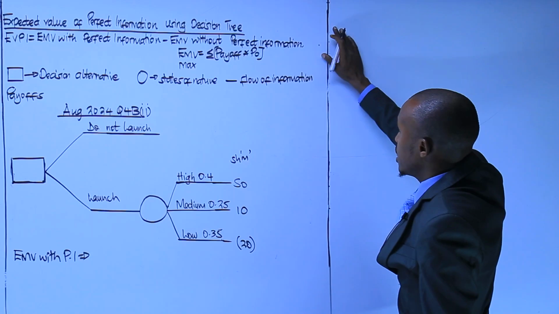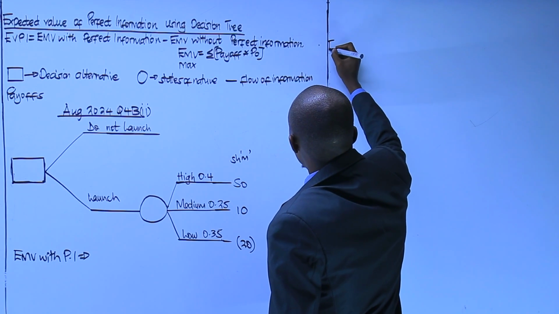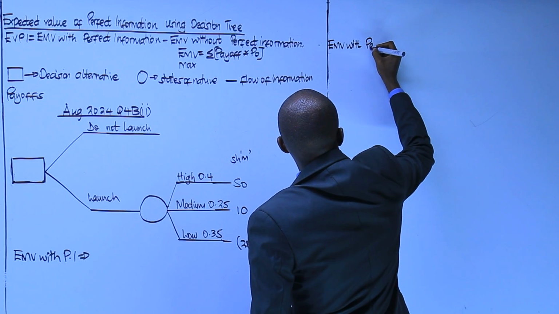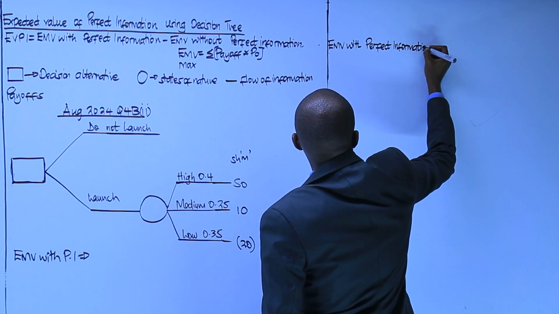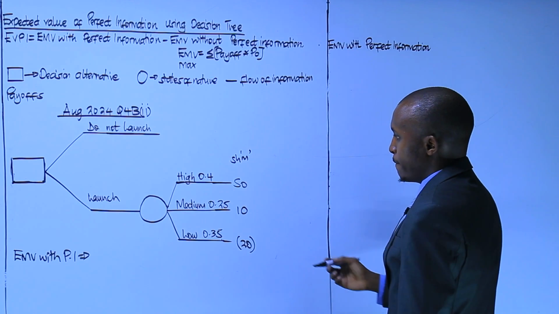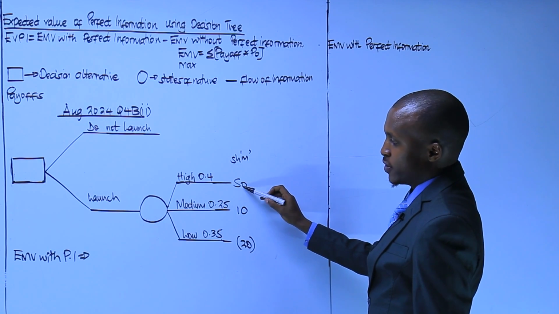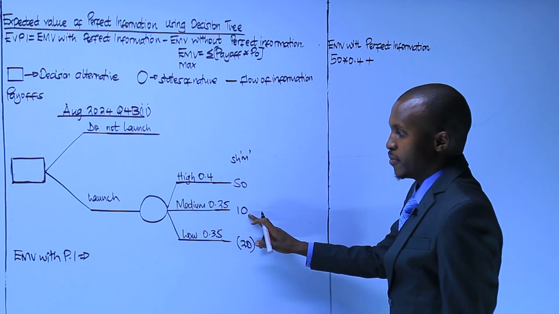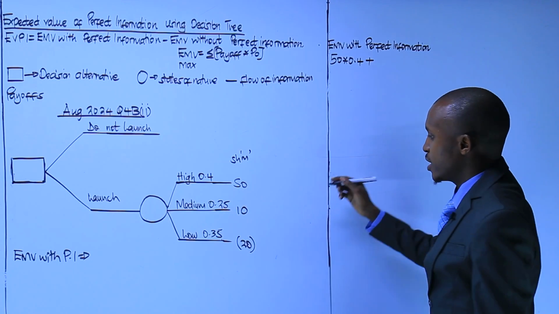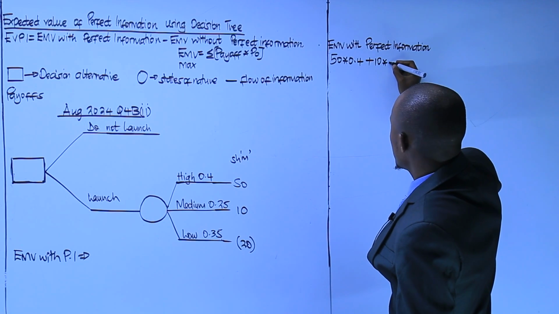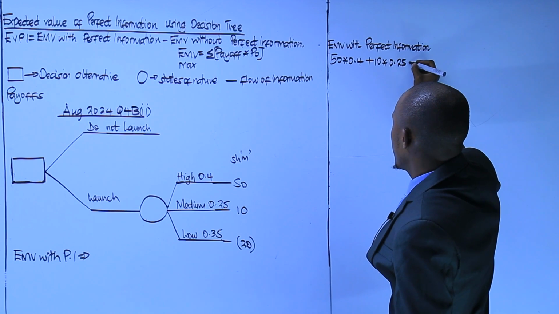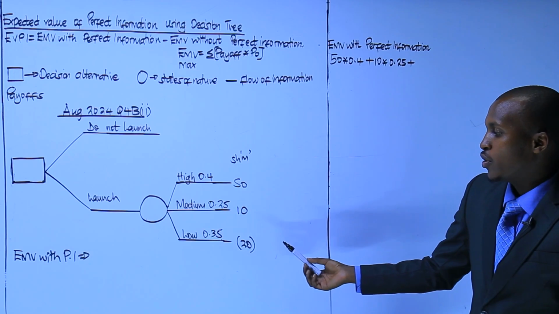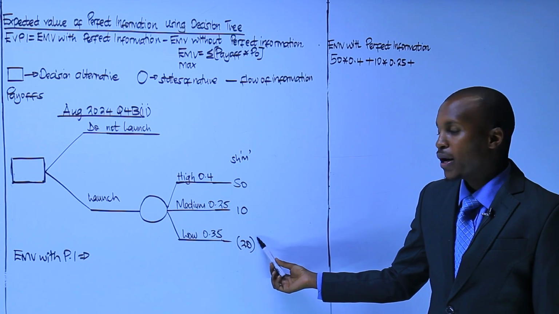Let me compute it here. Expected monetary value with perfect information. It will be under high, the payoff is 50 million with a probability of 0.4, plus launching, your payoff is 10 million with a probability of 0.25. But with low enrollment, your loss is 20 million.